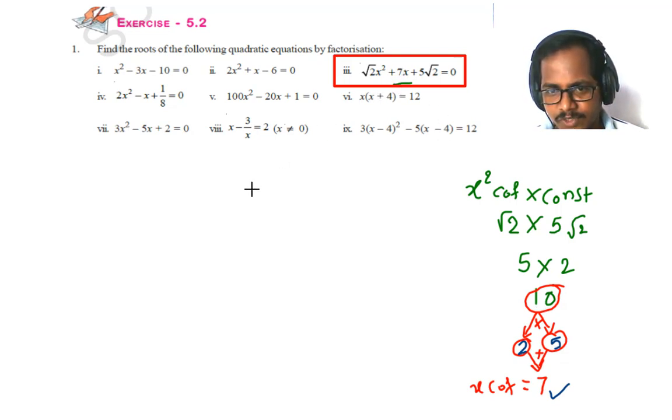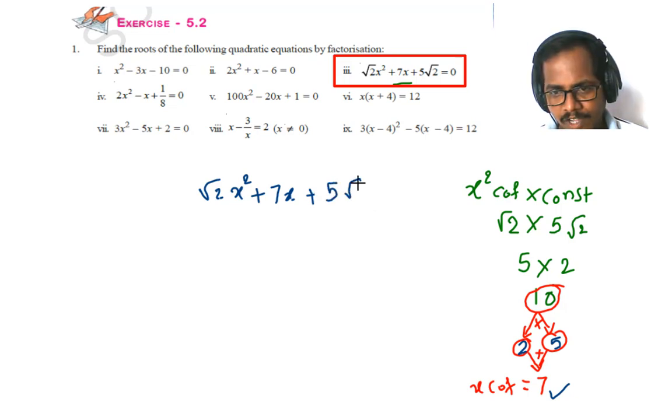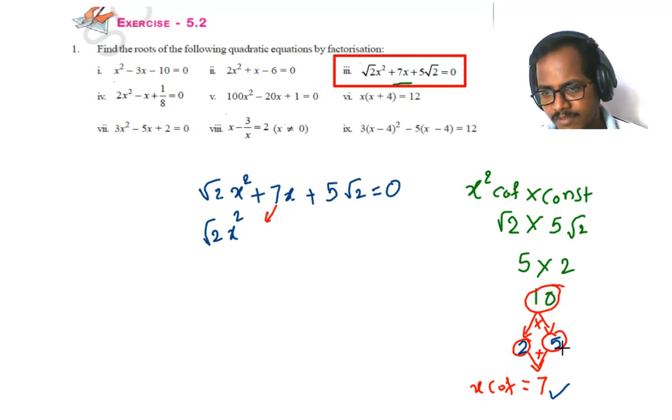So let us do it here. I am writing the given equation again: root 2 x square plus 7x plus 5 into root 2 equals to 0. Now write the first term as it is, root 2 x square. Now we need to split the second term, that is 7x. So 7x can be written as the sum of 2x and 5x.